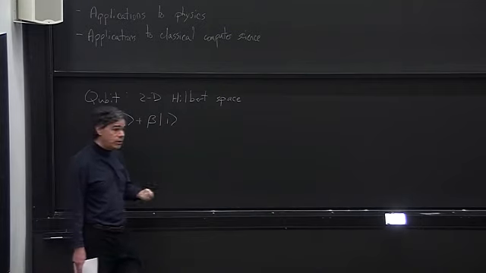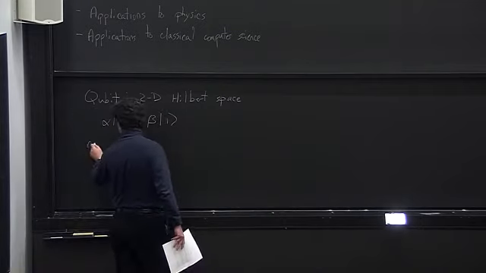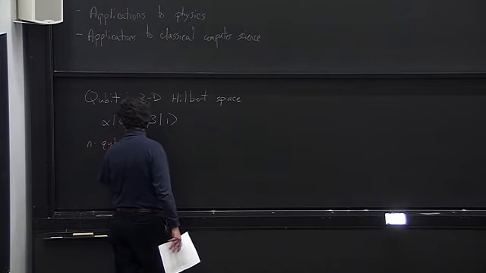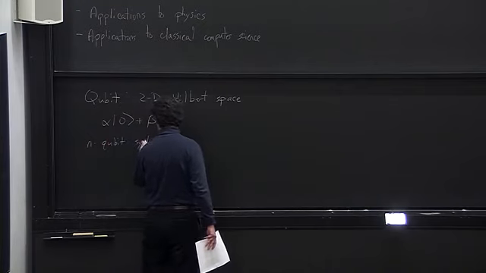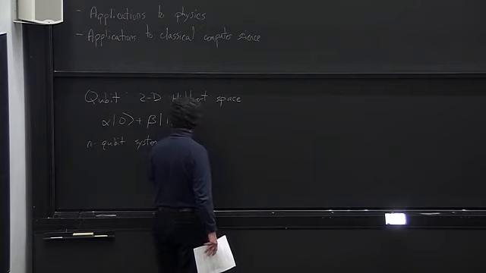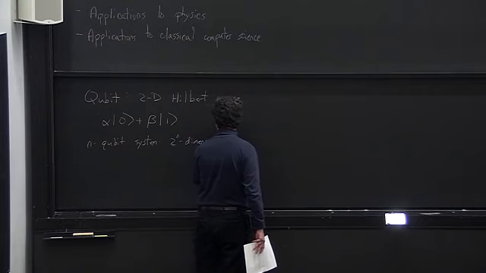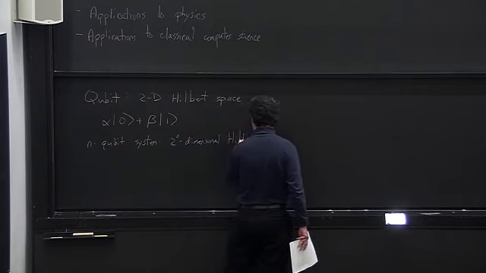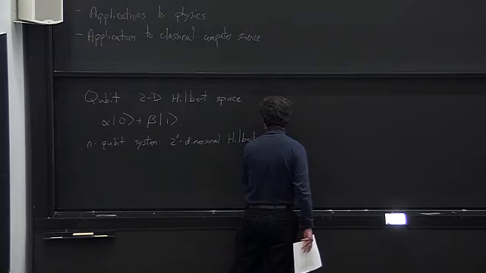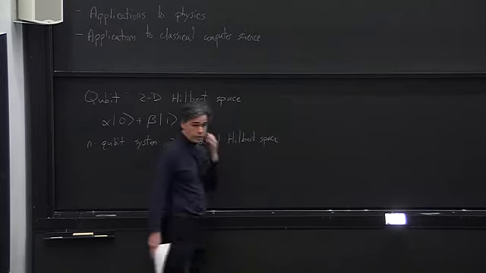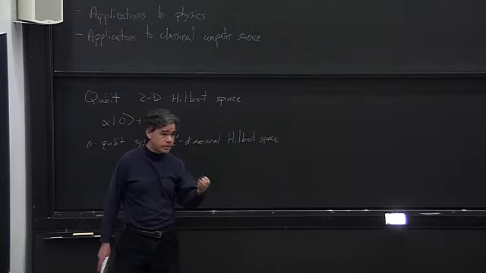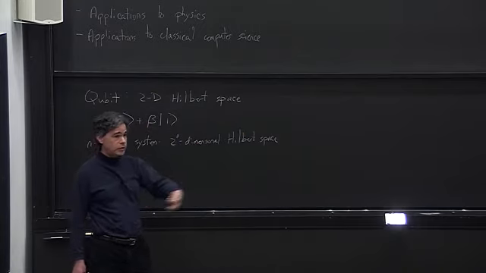And in general, if we have n qubits, that's going to be a 2 to the n dimensional Hilbert space, with the basis states in the standard basis labeled by bit strings of length n.